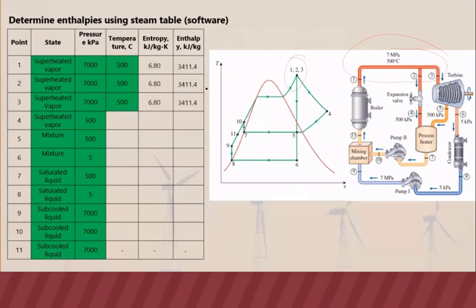Process 2 to 4 is an expansion valve, which is a throttling process. Throttling is isenthalpic, meaning 2 and 4 have the same enthalpy, 3411.4. Using that value, we can get the entropy and temperature at point 4.